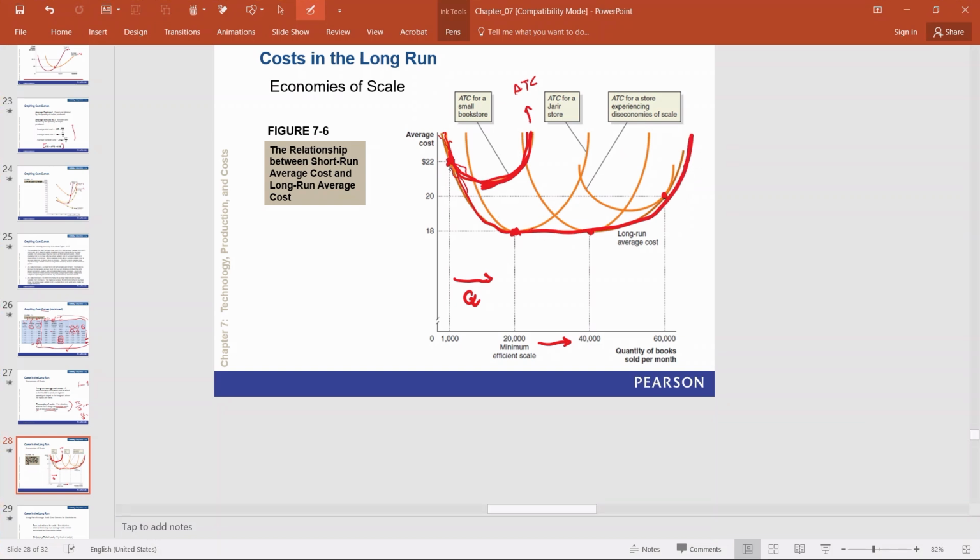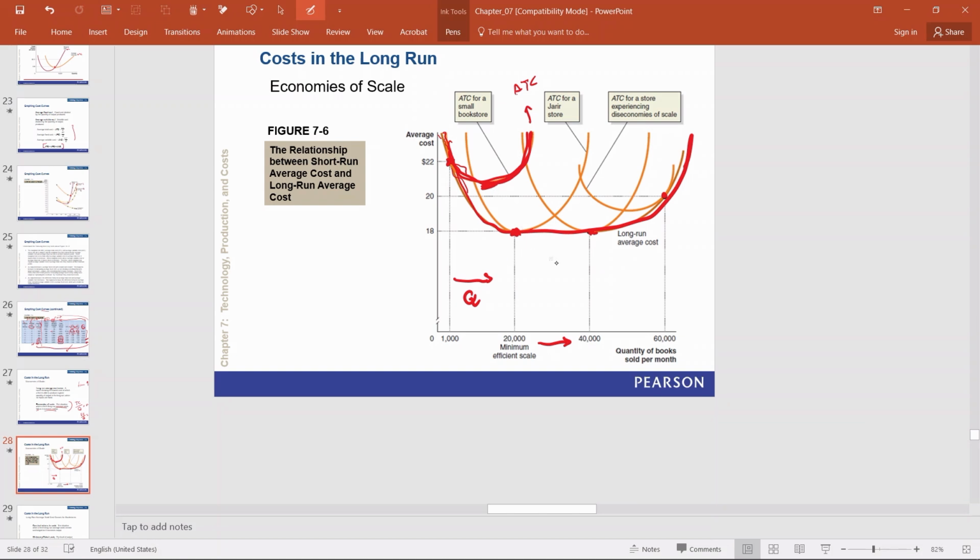We will find again a U-shaped long-term cost, which shows scale economies. Scale economies means as you increase production, you experience lower unit cost.